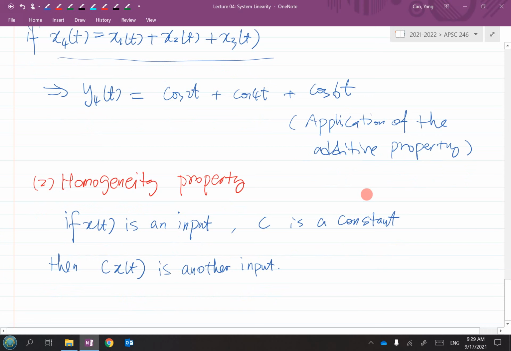If x of t produces one output, then c times x of t will produce another output.